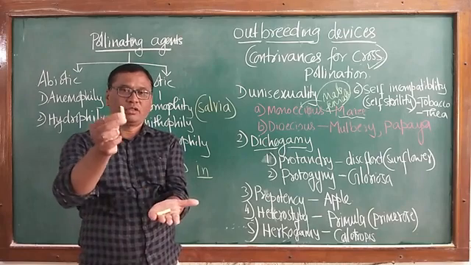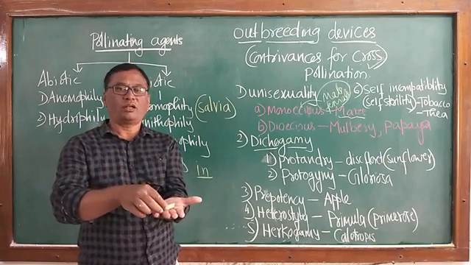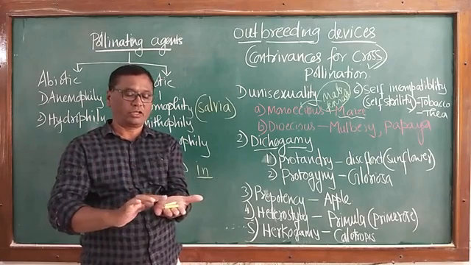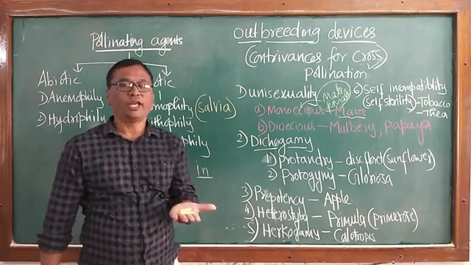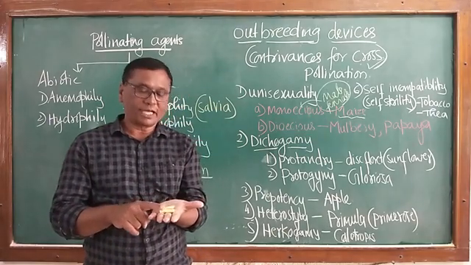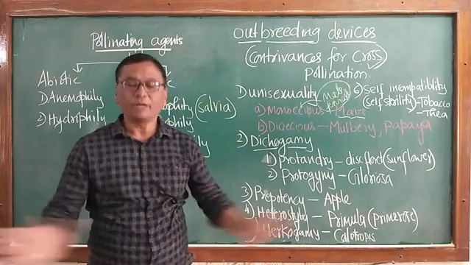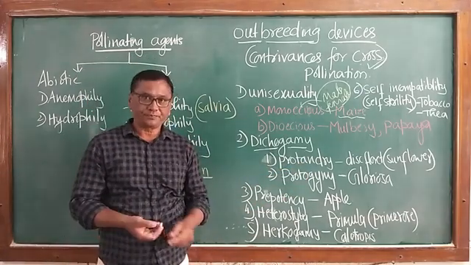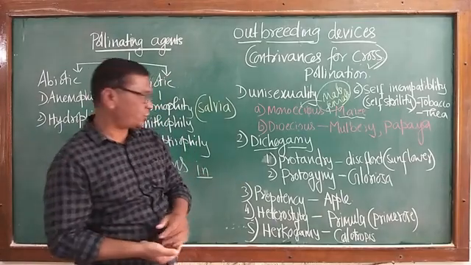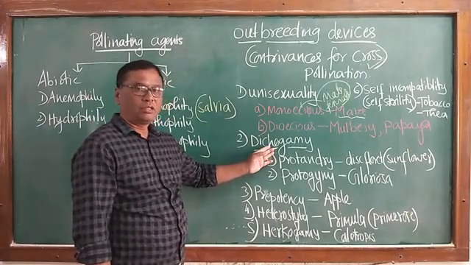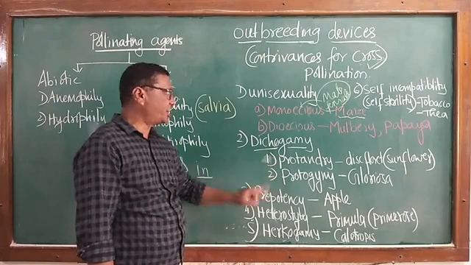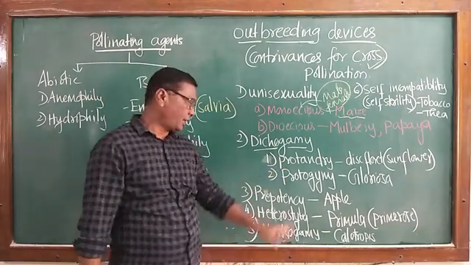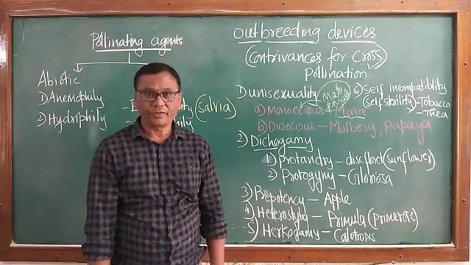In one flower, this part matures in a different time period, and that part matures in a different time period. This is dichogamy. So when the flowers in a plant are bisexual and the maturation period is different, the process is called dichogamy. Depending upon the maturation period, dichogamy is again of two types. One is protandry and another one is protogyny.